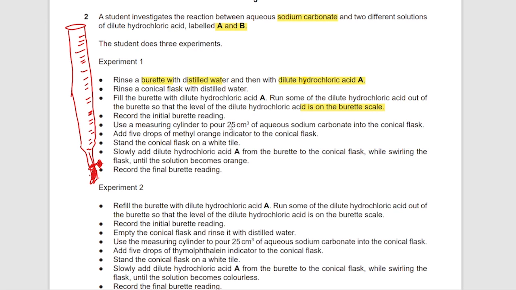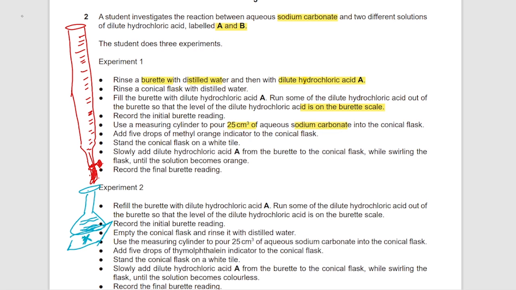Use a measuring cylinder to pour 25 centimeter cube of aqueous sodium carbonate into the conical flask. So we can use a pipette as well. Add 5 drops of methyl orange indicator to the conical flask. Stand the conical flask on a white tile. So remember, the purpose of the white tile is to make sure the change of color is observed at the exact time.